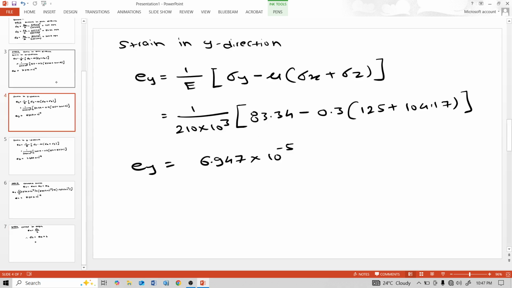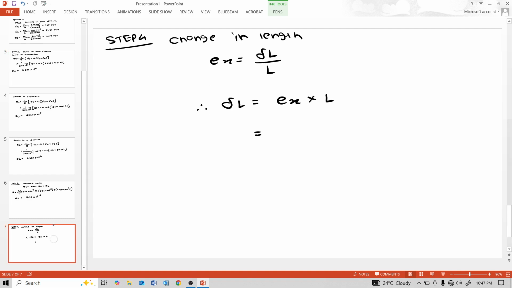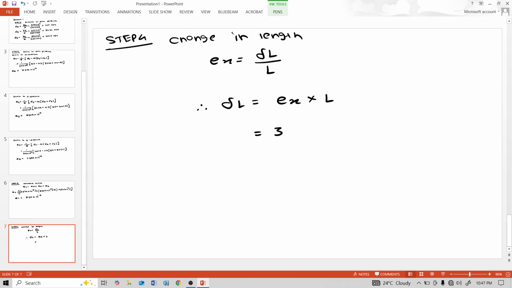Strain in x direction is 3.274 into 10 raised to minus 4, and original length of that rectangular bar is 120 mm.